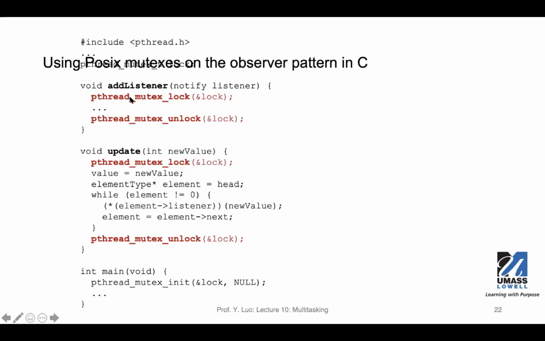So we'll have to protect that so that only one of the threads will be able to access these shared variables. And once we finish, we'll have to release the lock. So that's why you see this lock and unlock pair appear in this add listener function.